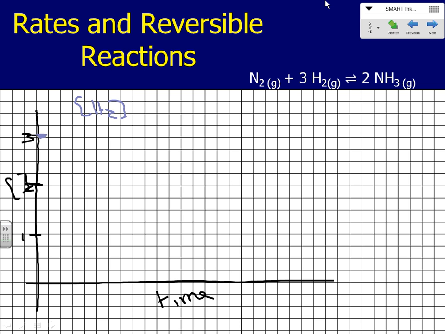And actually I need to start down here. I'm going to have a nice amount here. So I'm going to start down here at 1, right, with my N2. And I'm going to start down here at the very bottom with my NH3.